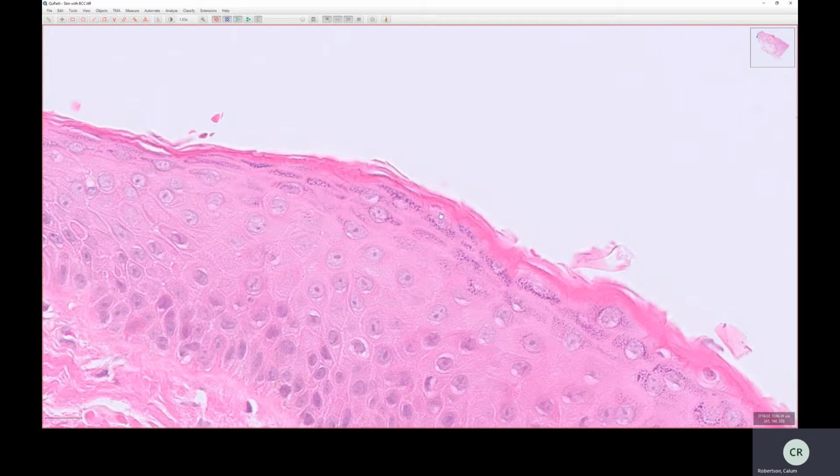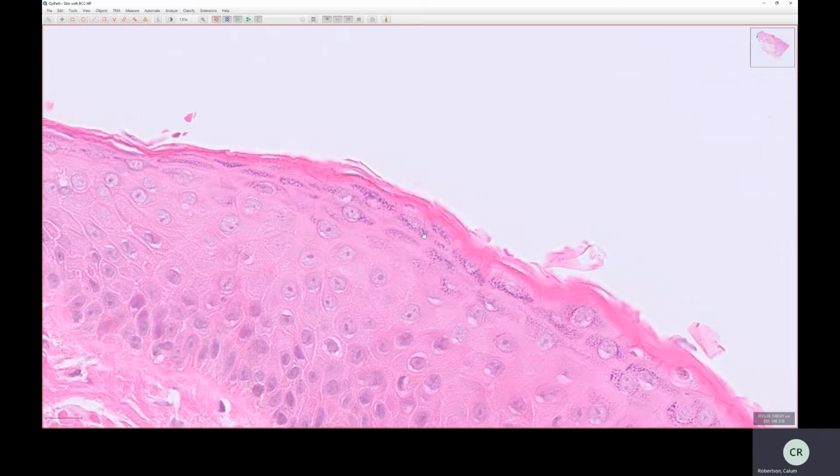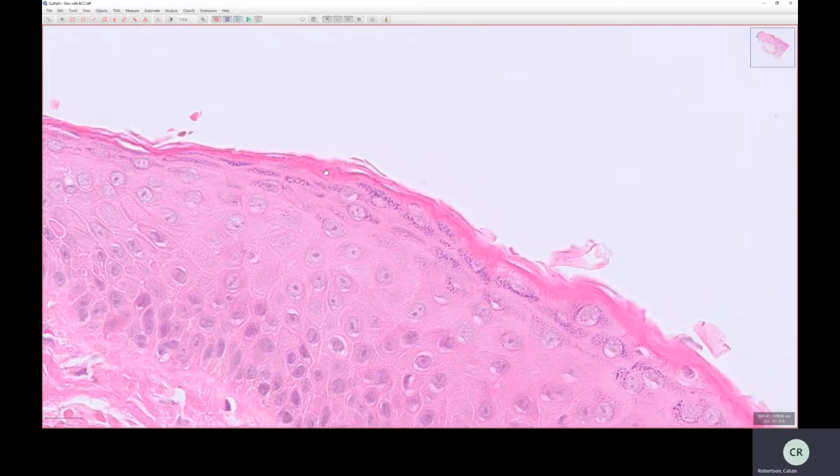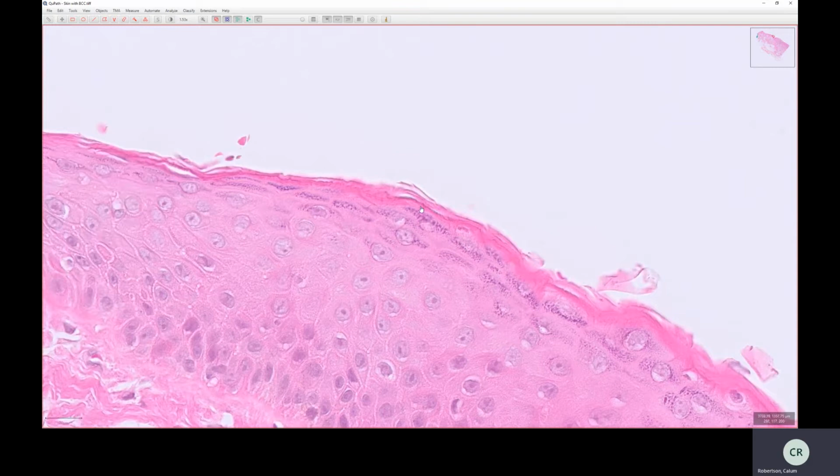As these mature upwards, they undergo programmed cell death, or apoptosis. You get loss of the nuclei. They're dying at this stage, and then they merge into the final layer, which is the stratum corneum. At this point, there are no living cells here anymore, or shouldn't be under normal circumstances at least.